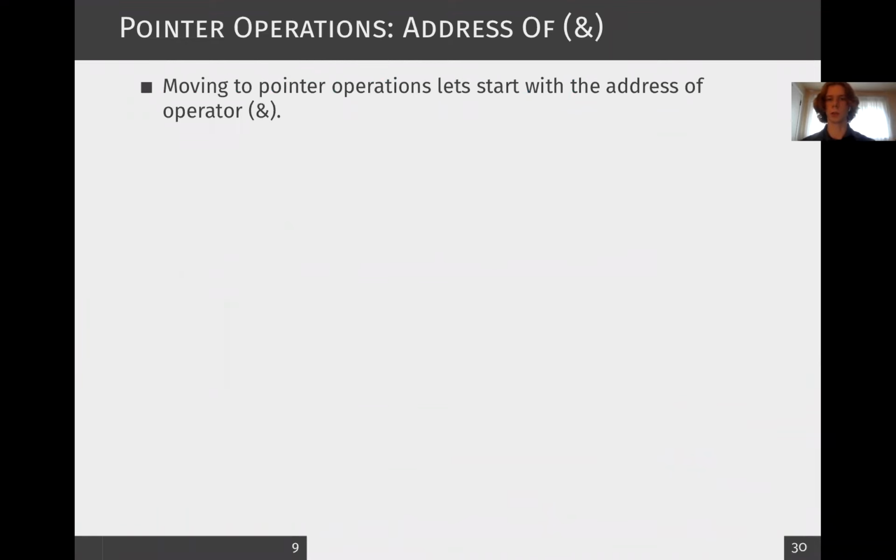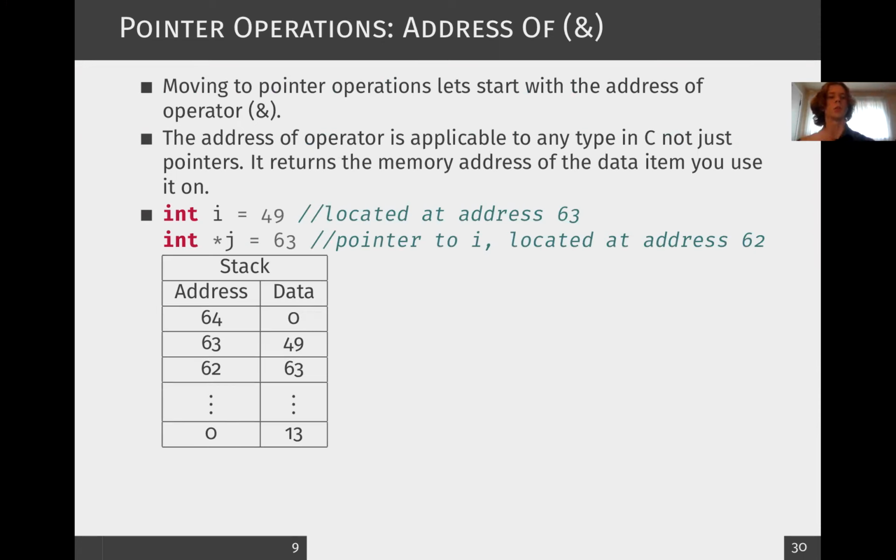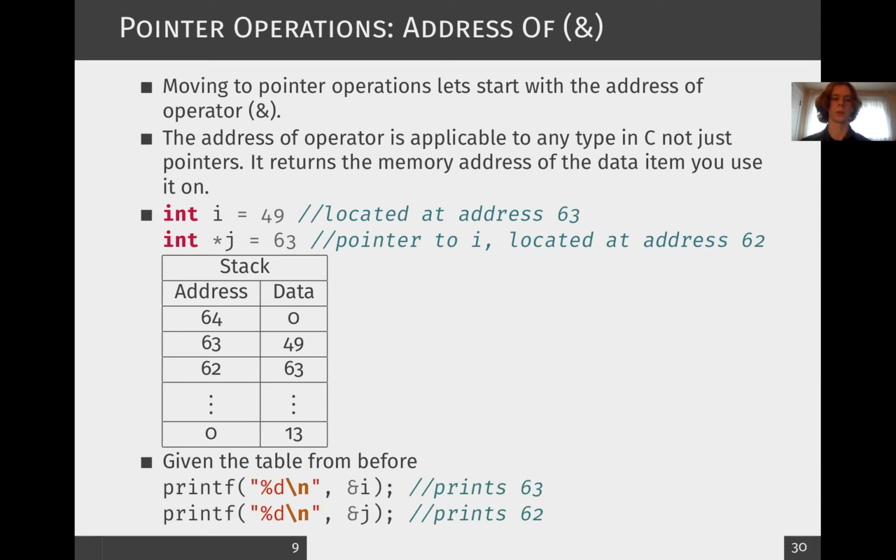Moving to pointer operations, let's start with the address-of operator. The address-of operator, the ampersand, is applicable to any type in C, not just pointers. It returns the memory address of the data item you use it on. We can consider it in the same example we used before.